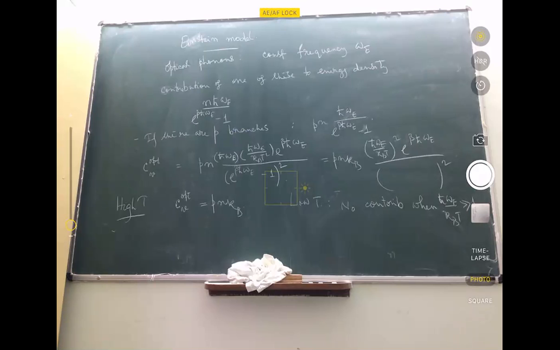Any questions up to this? Okay, let us now have a comparison to get a sense of what the electronic temperature scales are, what the phonon temperature scales are, and so on.